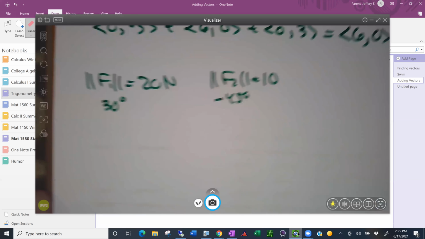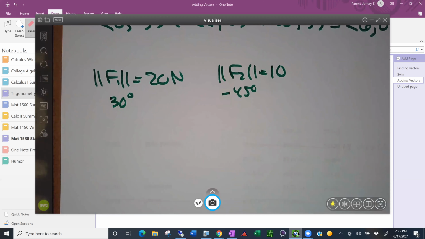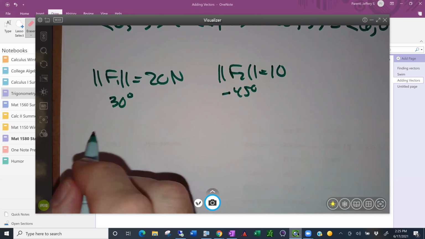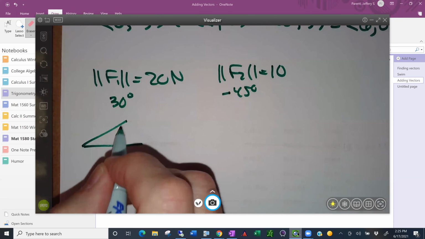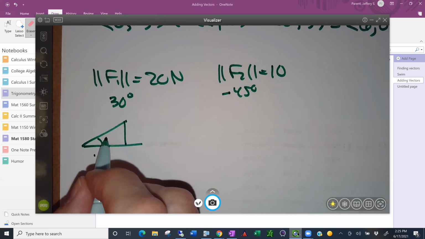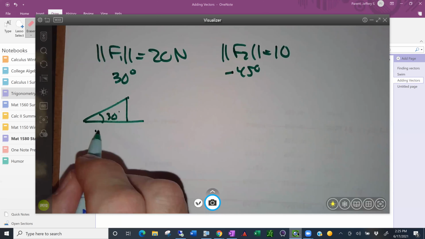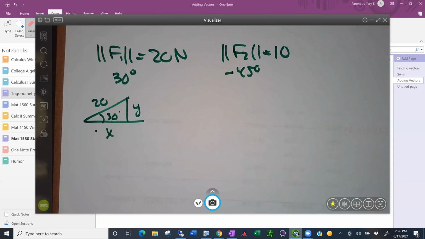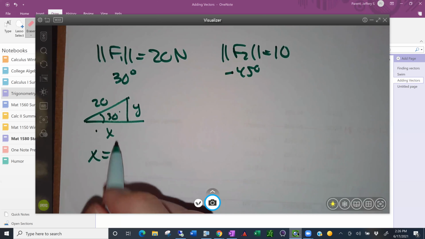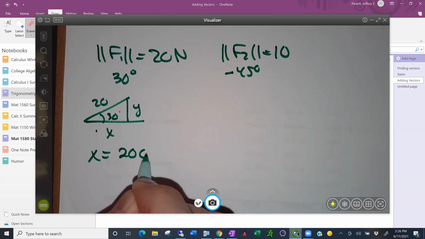So what I'm going to do is turn these into component vectors and then add them. If I want to figure out the x and y directions of this, 30 degrees, x and y, and 20, it's just the same as it was earlier. x is going to be 20 times the cosine of 30.